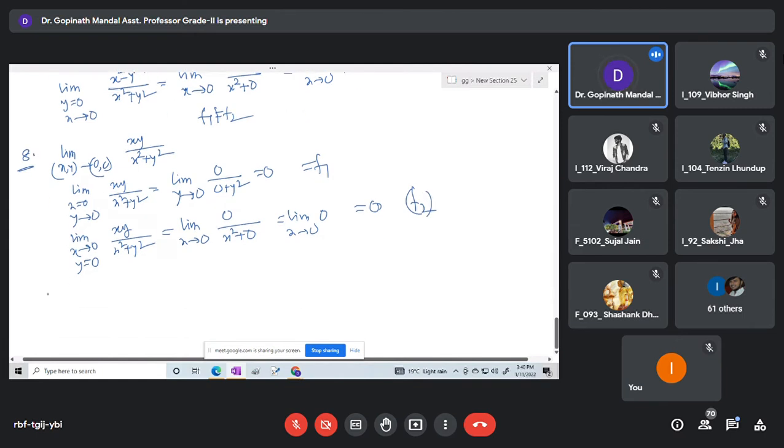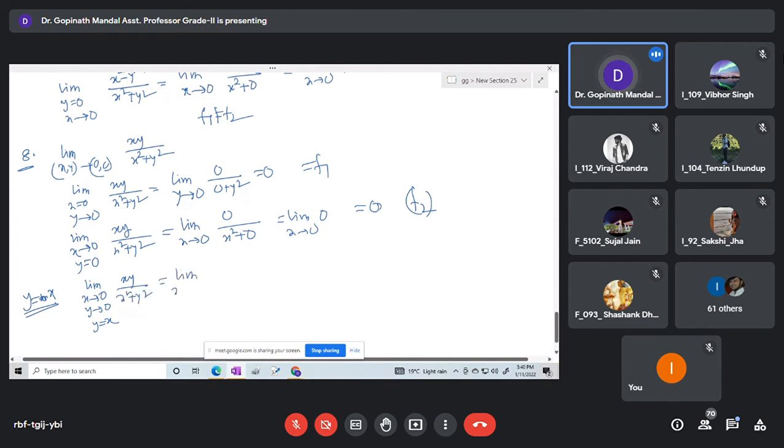Now I have to check the path y equal to x. Put y equal to x, so x tends to 0, y also tends to 0 along y equal to x.